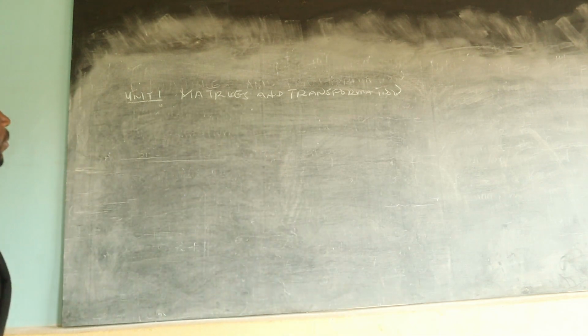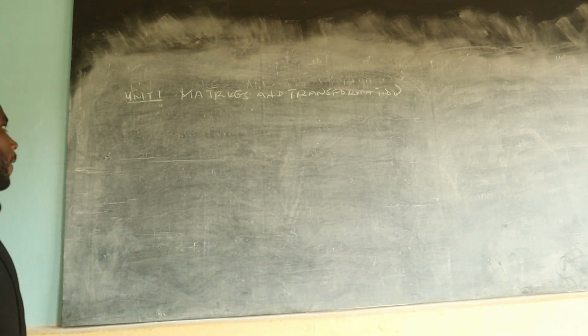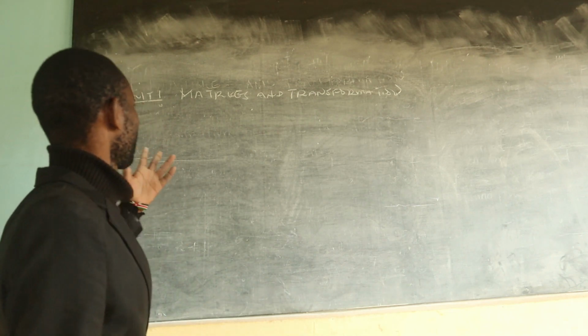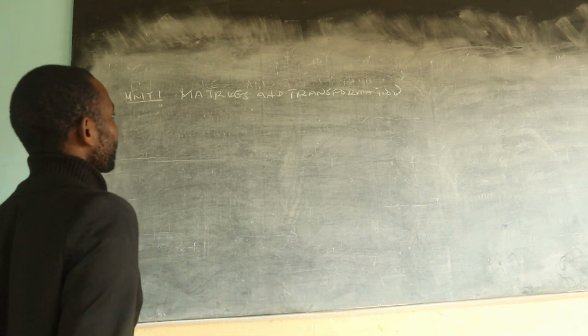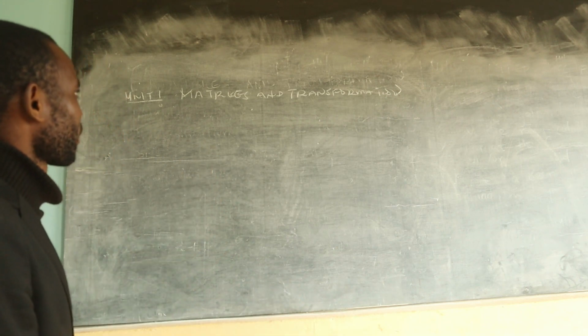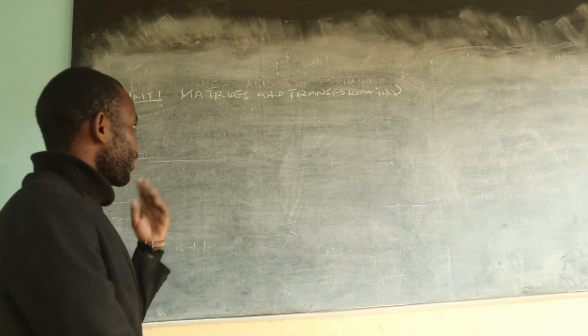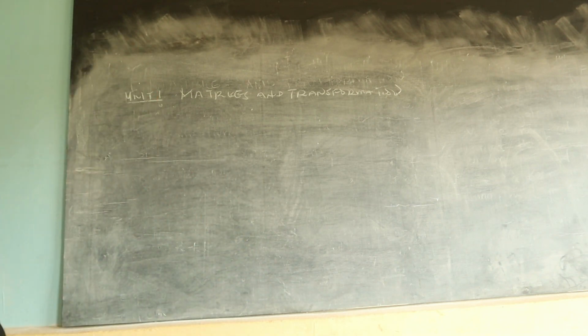So, units of matrices and transformation. In our last classes we have seen what a matrix is, derived from the word matrix, and we have the transformation, which we have said is change in size, change in shape, and change in position.